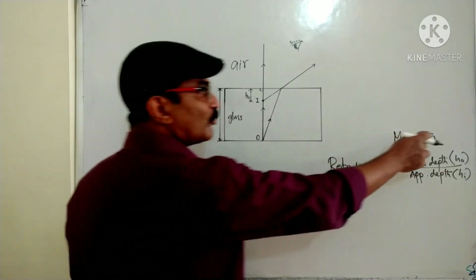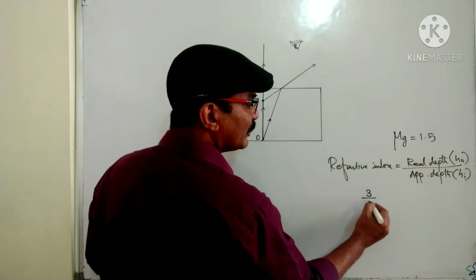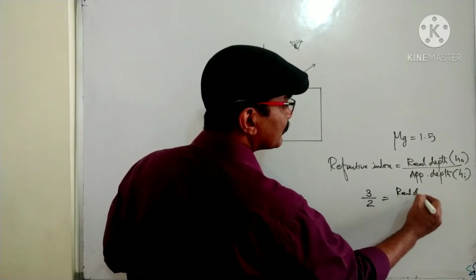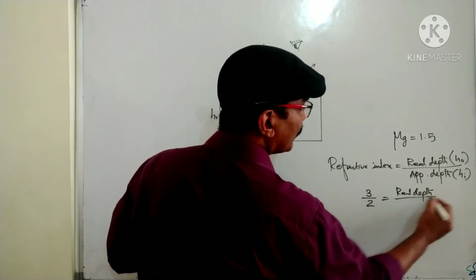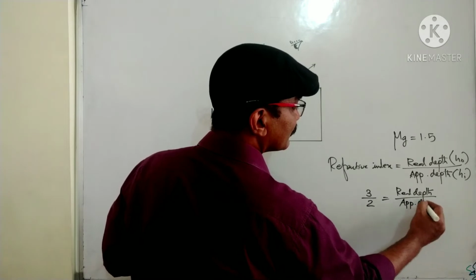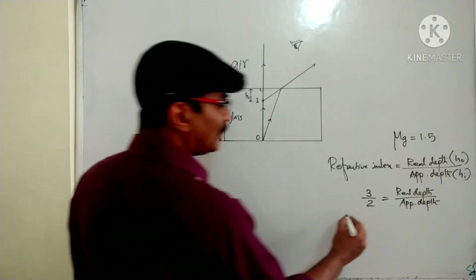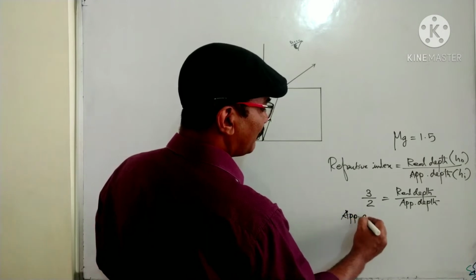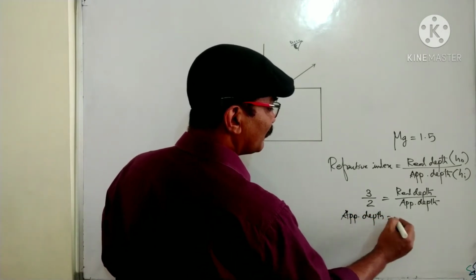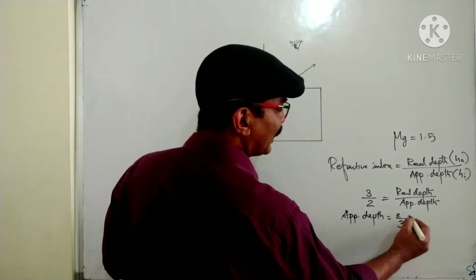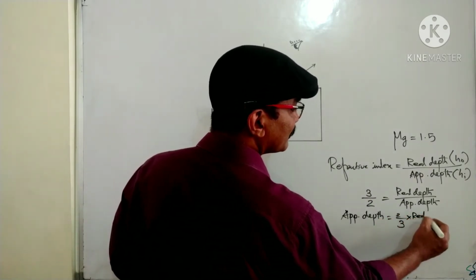Here refractive index is 1.5, means 1.5 is nothing but 3 by 2. 3 by 2 is equal to real depth divided by apparent depth. On rearranging, you will get apparent depth is equal to, what do you get? 2 by 3 times of real depth.